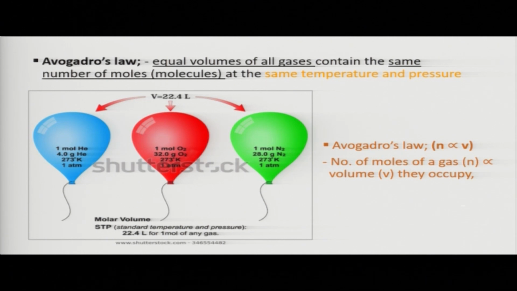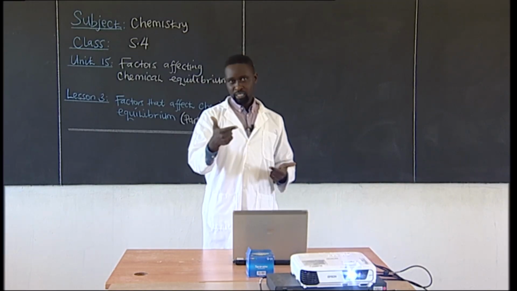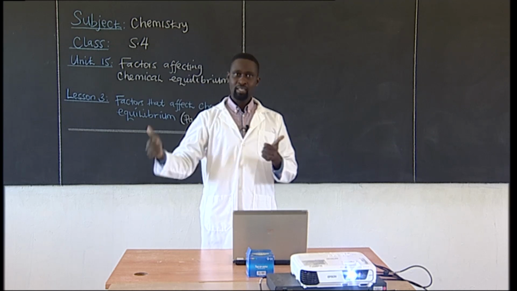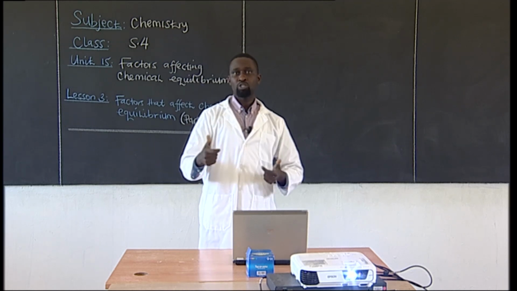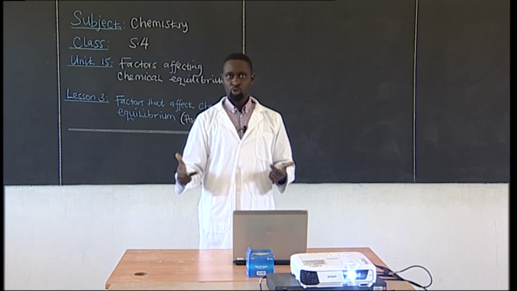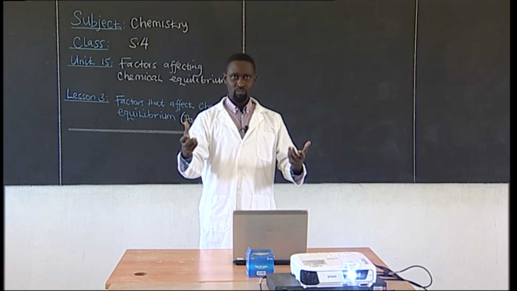Boyle's: at the same temperature, pressure is inversely proportional to the volume occupied by the gas. Avogadro's: maintain the same temperature, and the same number of moles will occupy a similar volume. So in this case, we can relate pressure with the number of moles.